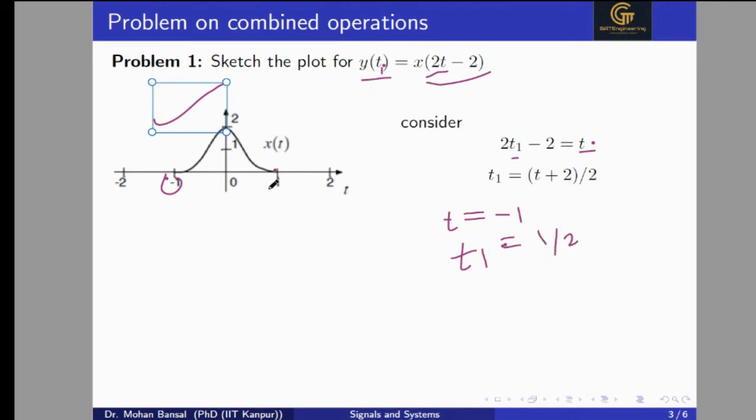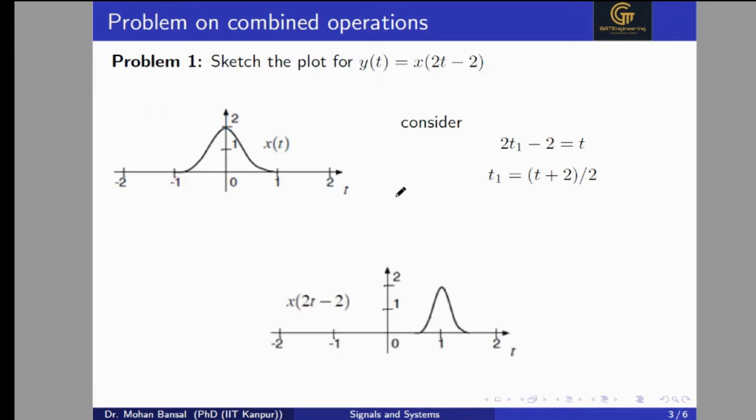For t = 1, we will get t1 equal to 3/2. So y(t) will lie between 1/2 and 3/2. The signal width and height will be the same, and the pattern will be the same. So here you can see that the signal lies between 1/2 and 3/2.